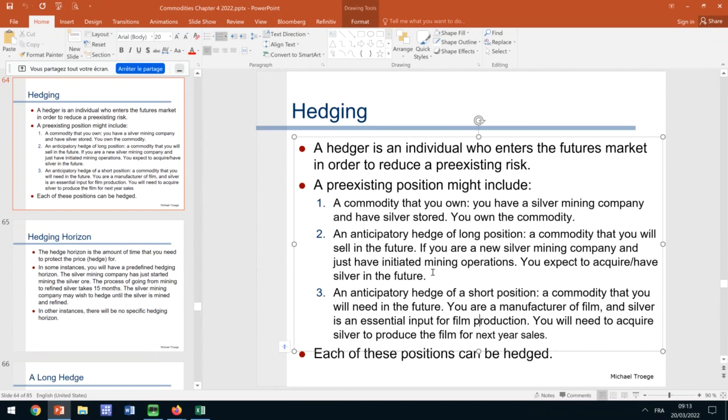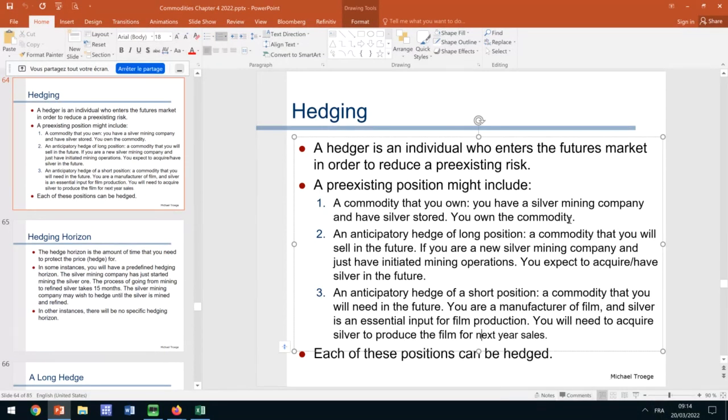But you can have a long hedge and a short hedge. A long hedge means you have a long position in the futures, which means you have bought the futures contract. So the long hedge is something that the consumers will do, and the short hedge is something that the producers will do.